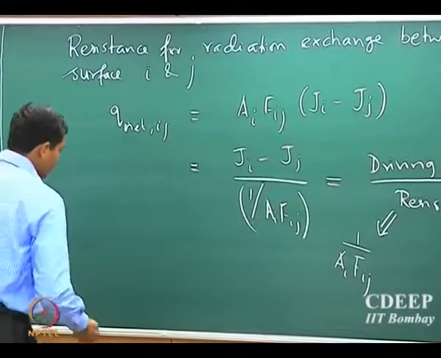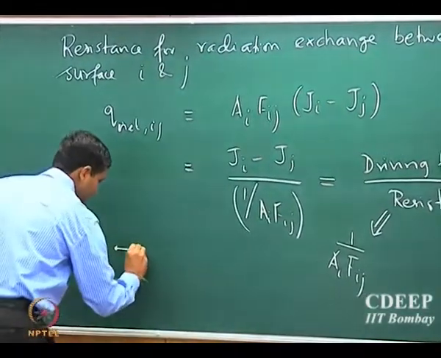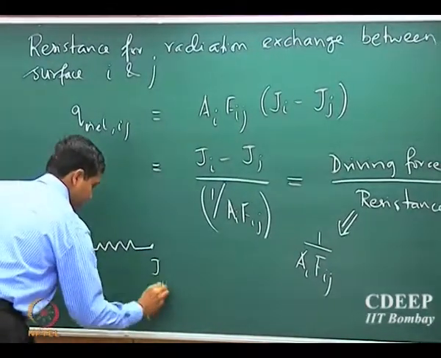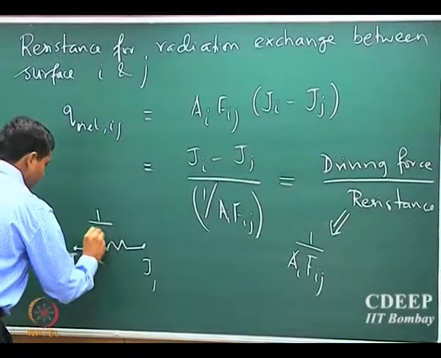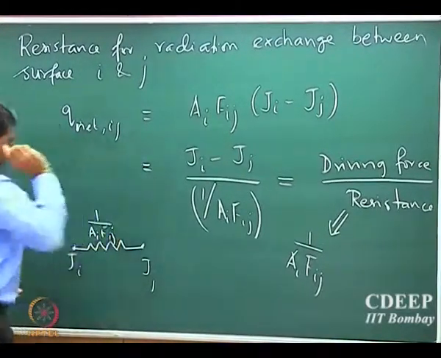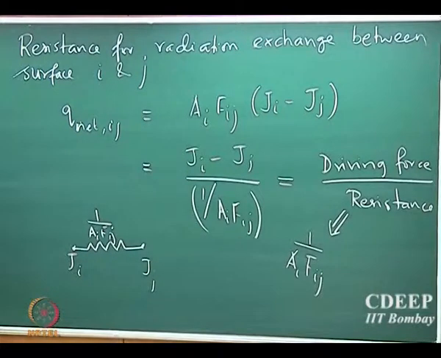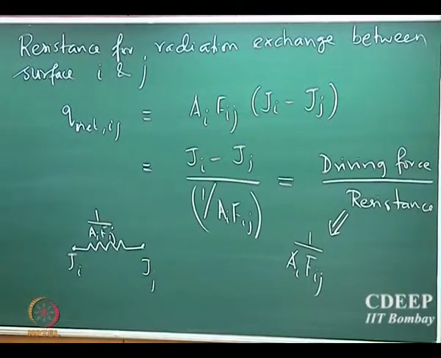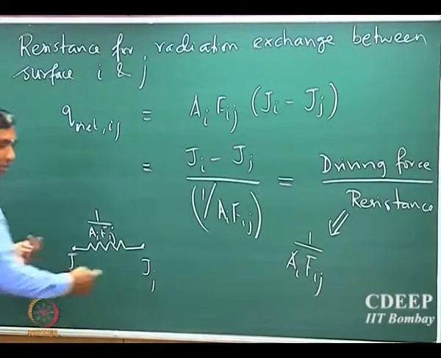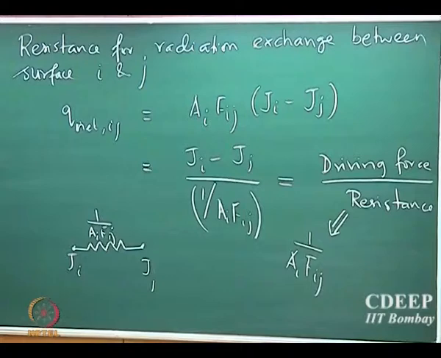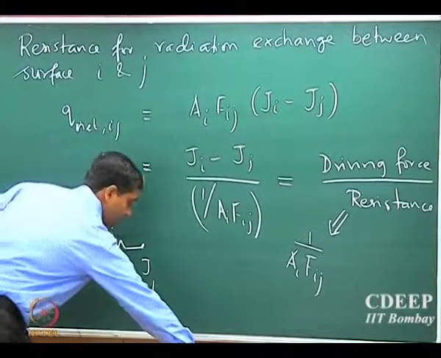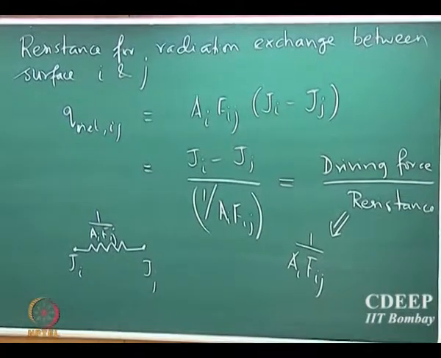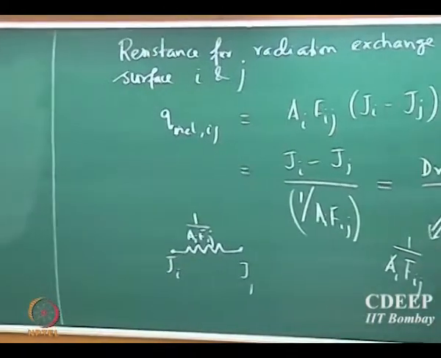Therefore, one could write a resistance network: Ji and Jj connected by 1 by Ai Fij. That is the resistance offered for radiation exchange between surface i and surface j, whose total emissions are Ji and Jj. Based on these two resistances, we can now construct the resistance network for the whole system.